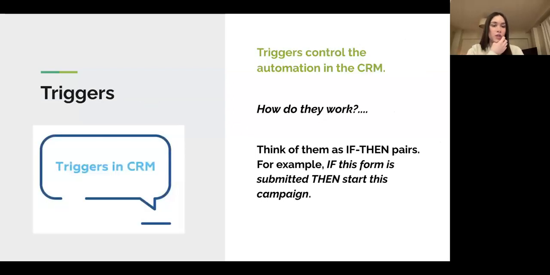Triggers, again, this works if you're using CRM software. This is what's going to control the automation of the CRM. How do they work? Think of them as if-then pairs. For example, if a parent requests a certain lead magnet, then it will start that campaign. And this is how you can set it up in your CRM.